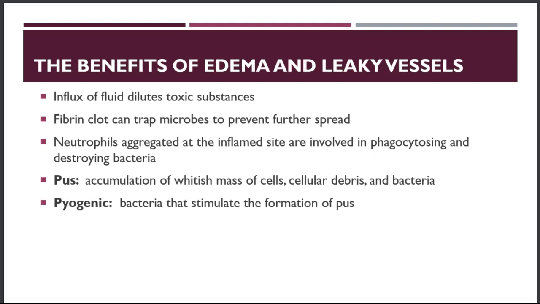And then this term pyogenic is a term that is used to describe bacteria that actually stimulate the formation of pus. So pyogenic organisms possess some chemical substances and markers that actually attract a large influx of neutrophils to the location, which contributes to a lot of pus.